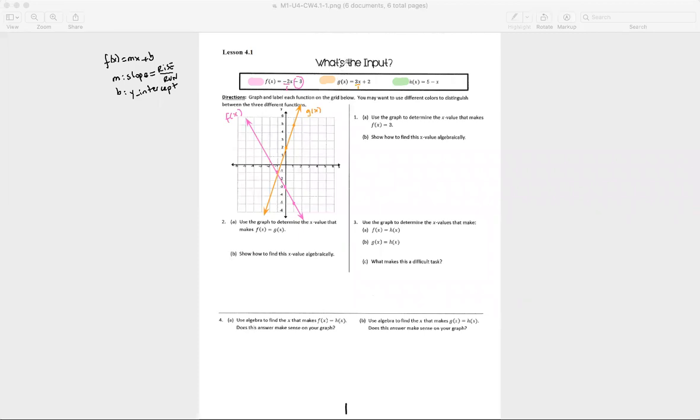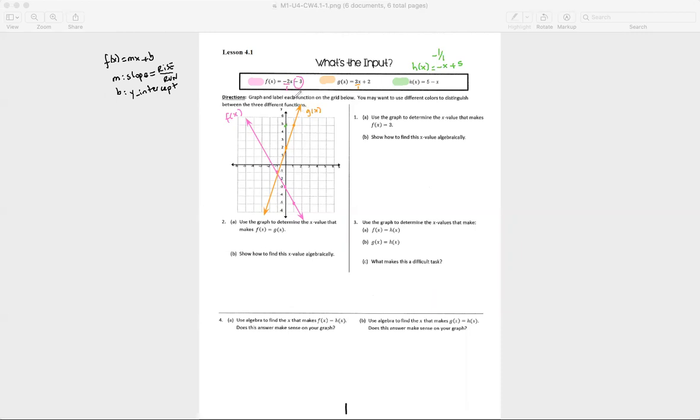And lastly, h of x in green, which is 5 minus x. Now, it's always nice to write a linear equation in the form mx plus b. So I would rearrange this to write it as negative x plus 5, because this helps me see that the slope is negative 1, or negative 1 over 1, the rise over 1, and the y-intercept is 5.